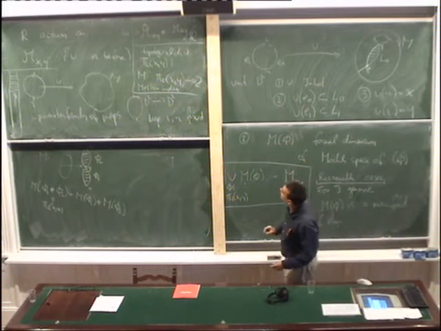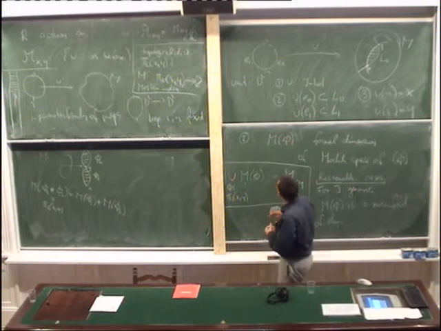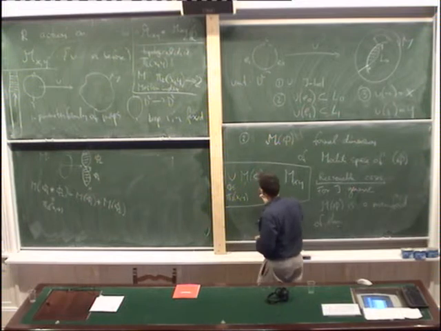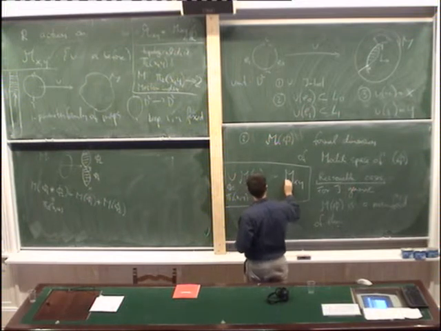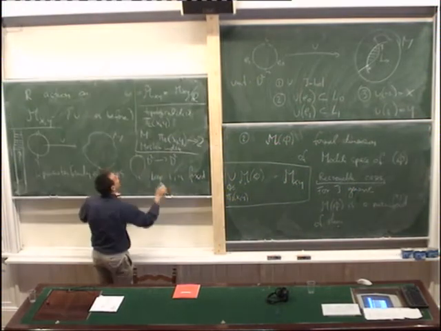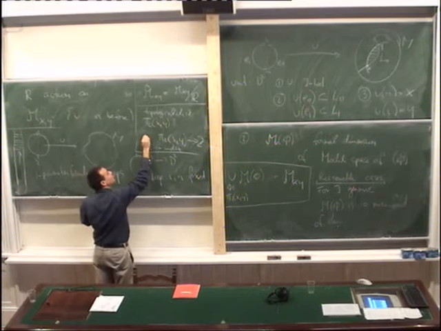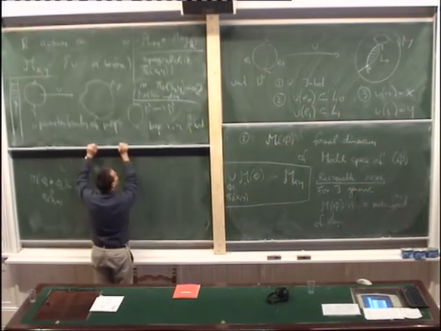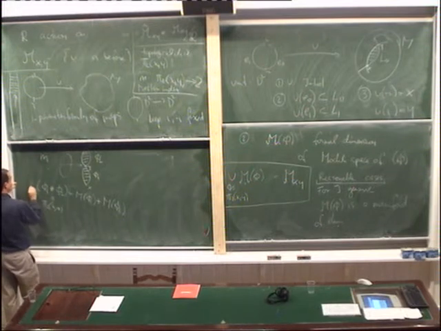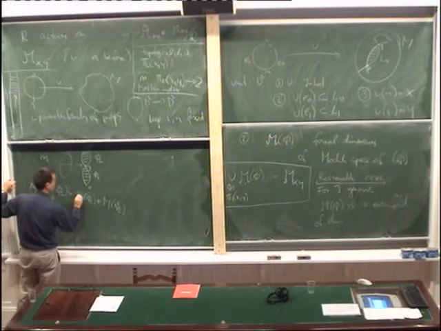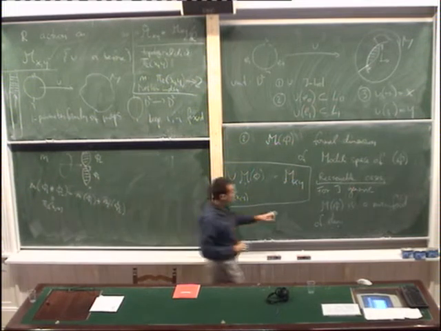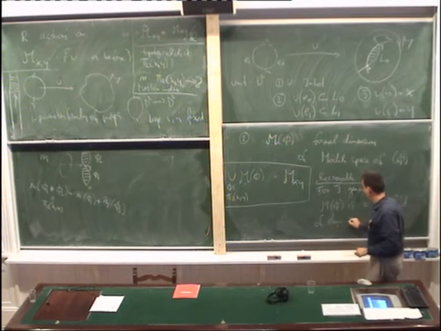Do I have too many m's? Yes. Right, I know it's bad, so curly M will be the moduli space, and little m will be the Maslov index. So then this moduli space has dimension m of phi.